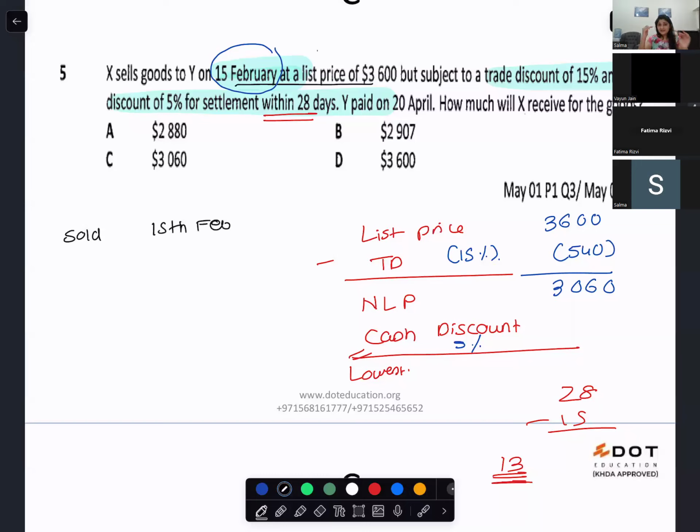That means till what date does he need to pay? In total, February has how many days? 28 days. So how many days are left in February? 13.